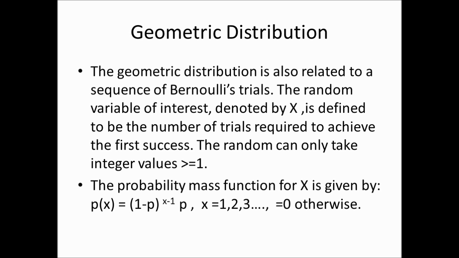The probability mass function for this random variable is given by p of x equals (1 minus p) raised to the power x minus 1, multiplied by p, and the random variable can take values 1, 2, 3, successive integers excluding 0.